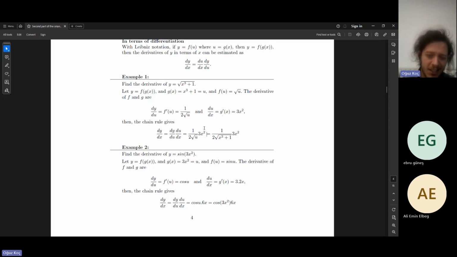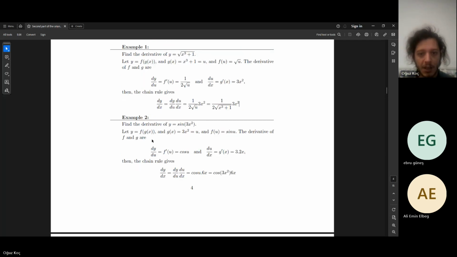And also, after taking the derivative, we can write u in terms of x, and it was equal to the third power of x plus 1. Therefore, we put those values into our terms, and then finally we get the result.